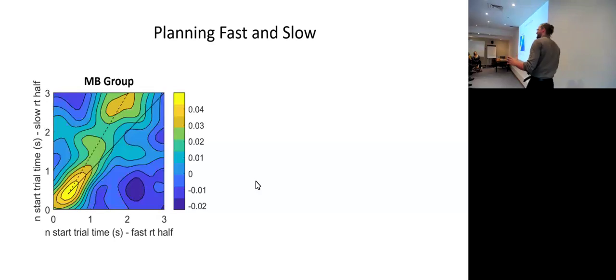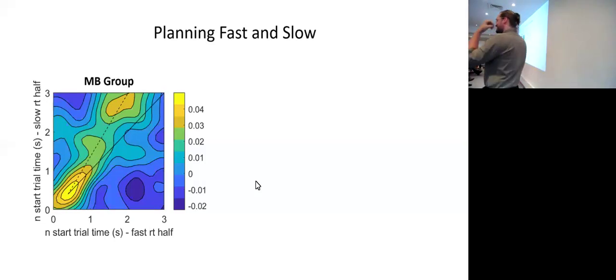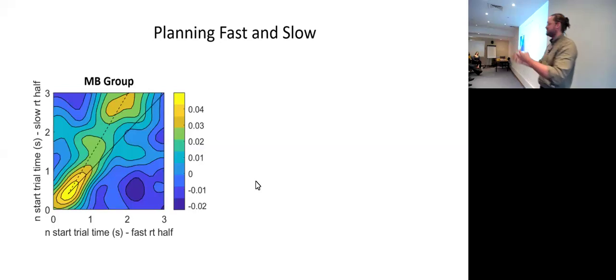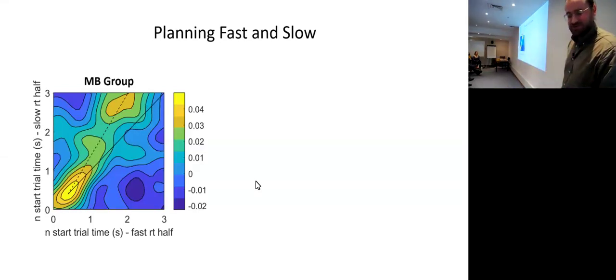And what you see is essentially a diagonal that's now shifted upwards, which means that the same dynamics that take 3 seconds when they're slow to react takes about 1.5 seconds when they are fast to react. So we can actually not only decode the content of these plans as they're evolving, but actually the speed of the thought, which to me is absolutely amazing.